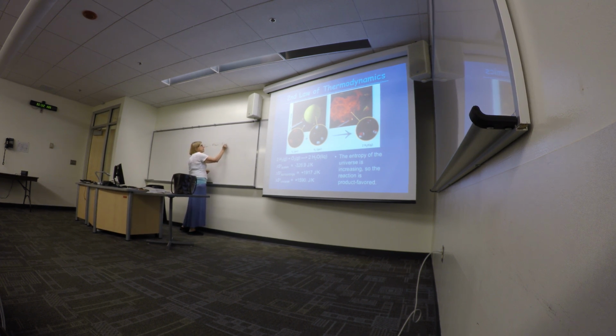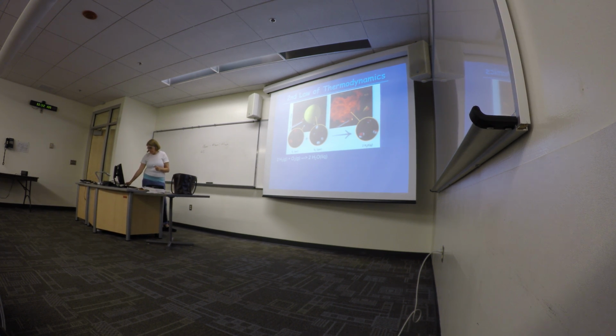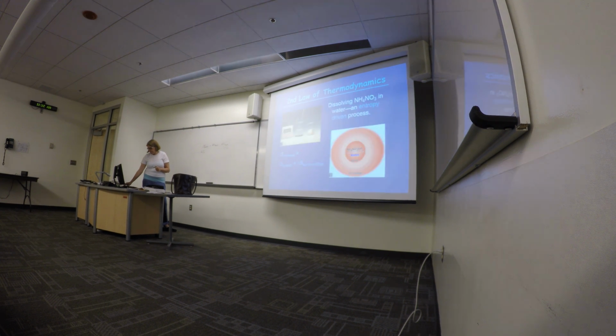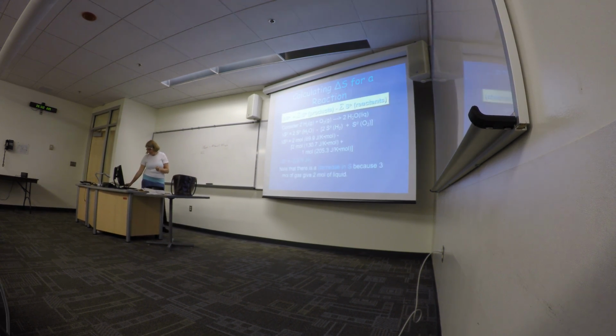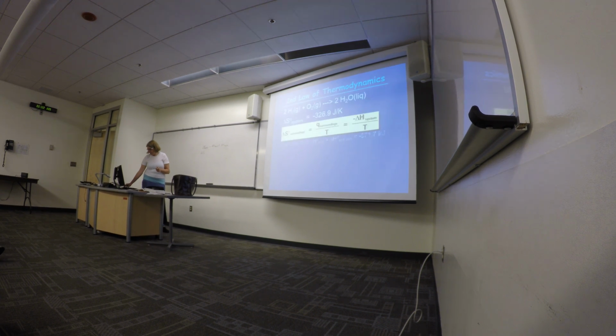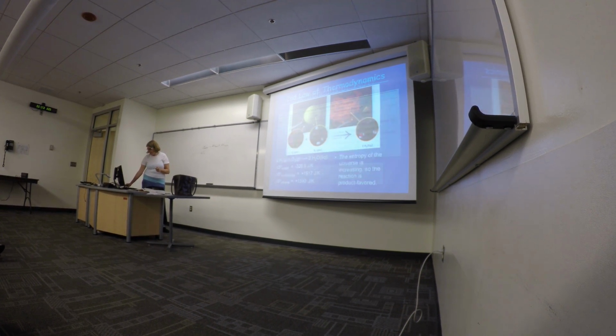Surroundings minus delta S of the system, right? And we want this to be positive. The delta S, wait a minute, let me make sure I've got my, yes, it's plus. I want a plus sign here. Okay, now I gotta remember which way I'm going. This way is the way I'm going. Alrighty, so that's my equation I started with.